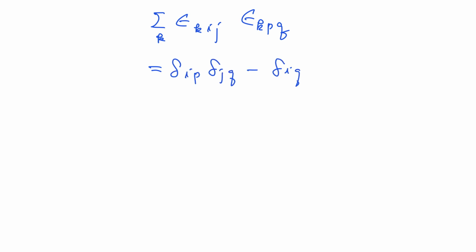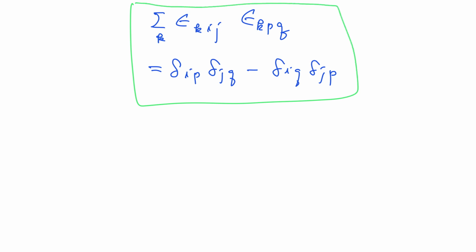If you multiply epsilon kij by epsilon kpq and sum over k, then you have an important relation: delta ip, delta jq minus delta iq, delta jp. This is actually not very difficult to prove, and it's better to remember.